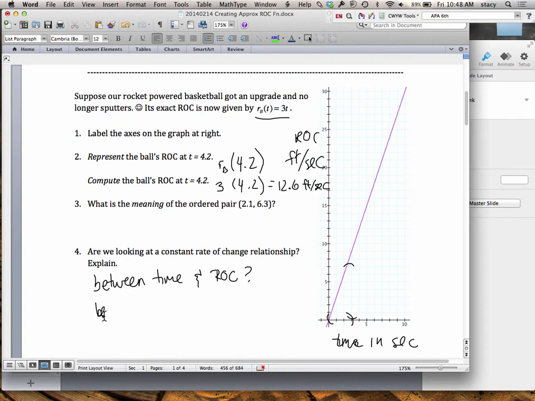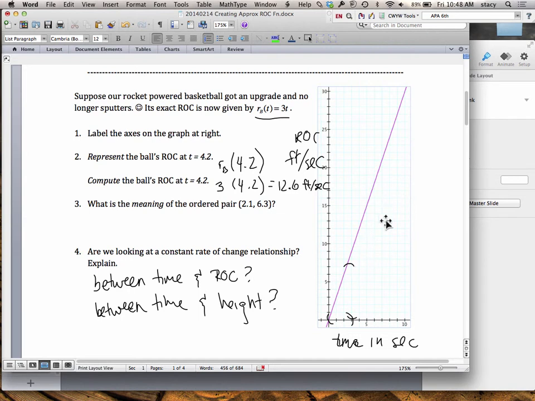However, if I want to talk about the relationship between time and height, or distance traveled, is that in a constant rate of change relationship? I see some people shaking their heads no. Do you want to say why? So the rate of change of the height with respect to time is given by this graph, right?